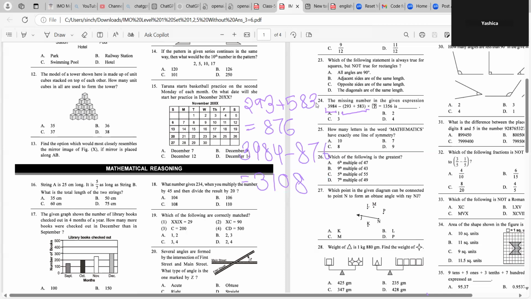Now 3108 multiplied by some decimal number will be lower, will give the product as a lower number. So what I did was 3108 divided by 1356.